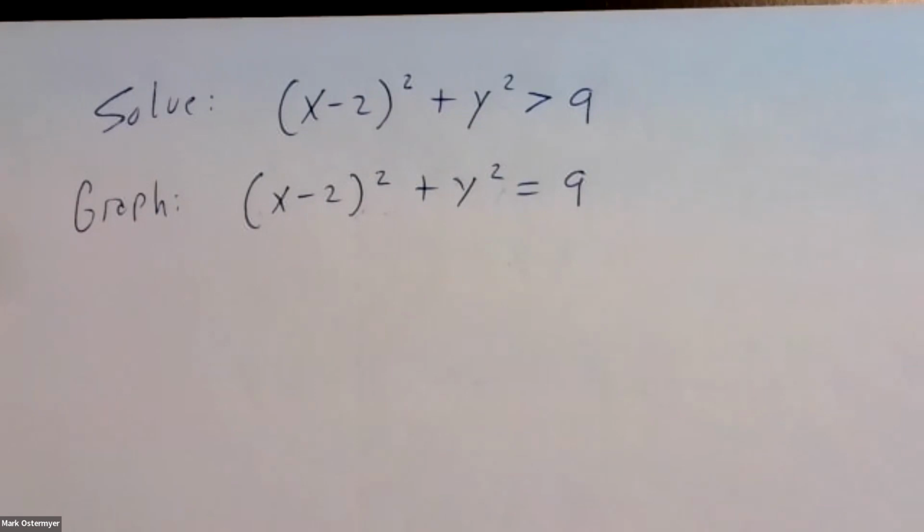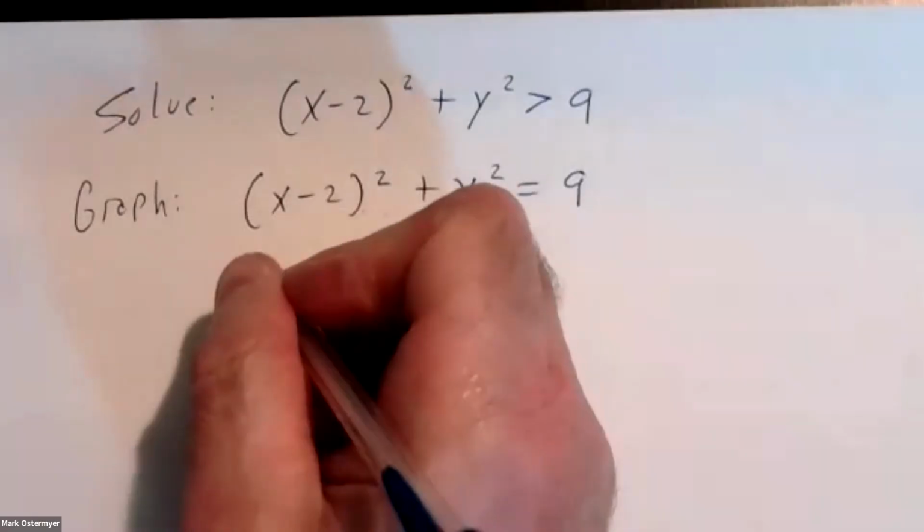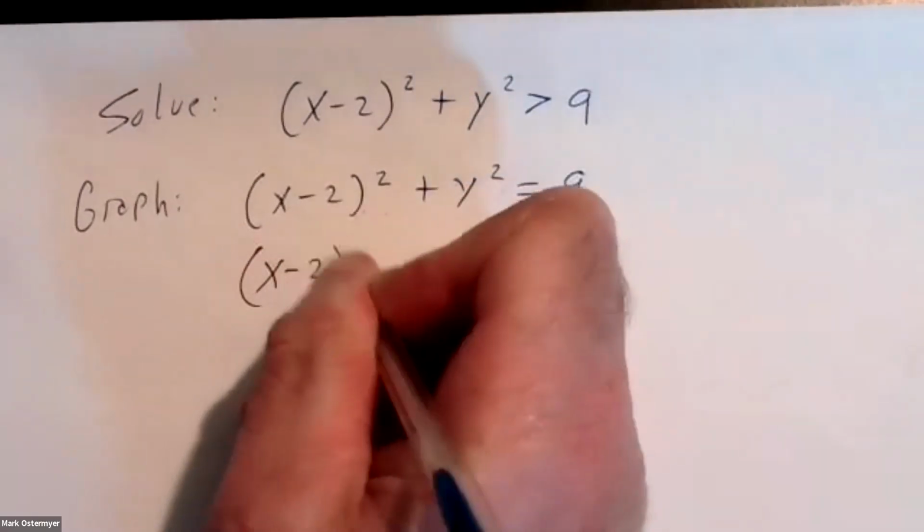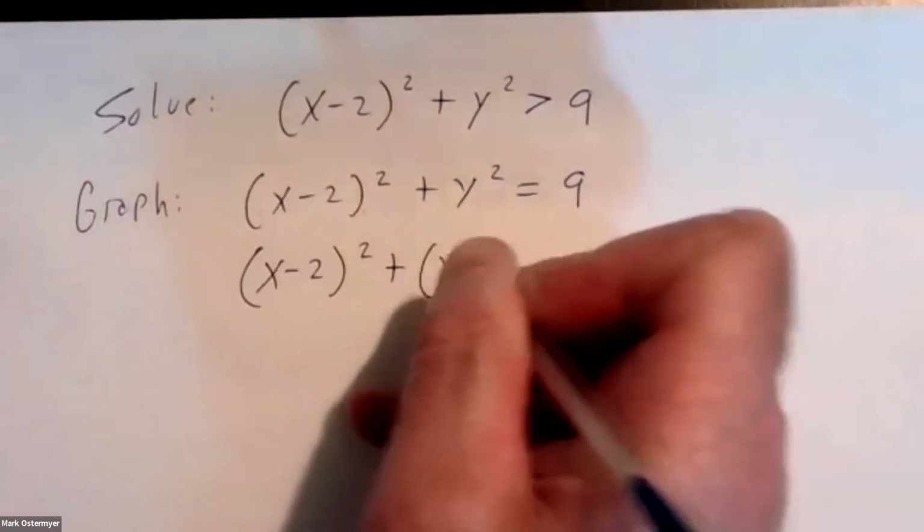That's not a linear relationship between x and y. It's not a parabola because that's not a quadratic relationship because both x and y are squared. Anybody tell me what kind of graph that's going to be? It's going to be the graph of a circle. That's it.